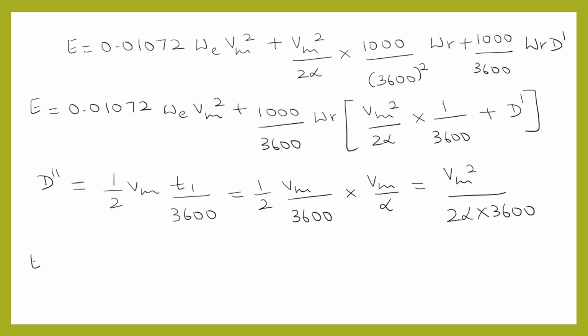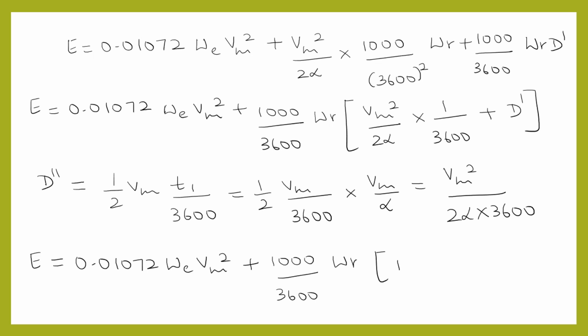Therefore, we have E is equal to 0.01072 We Vm square plus 1000 by 3600 into Wr into D double dash plus D dash.